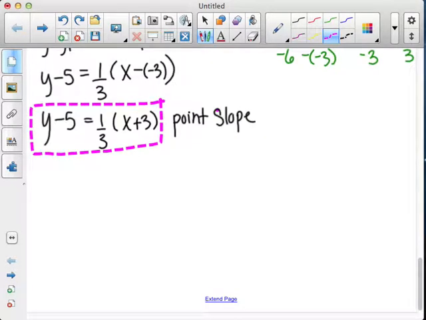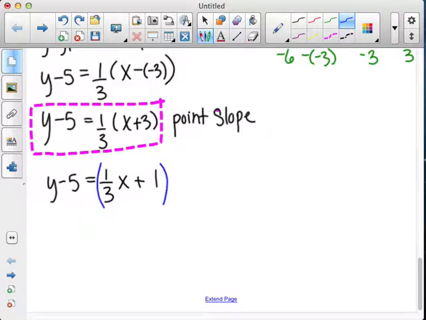Now, from here I'm going to go to standard form. And again, remember, we don't want fractions or decimals in standard form. So I'm going to get rid of my fraction. Y minus 5, first distribute in, so 1/3 x plus 1/3 times 3 is 3/3, which is just 1. And now I don't want any decimals or fractions because this is standard form.